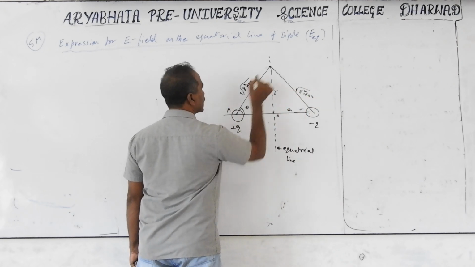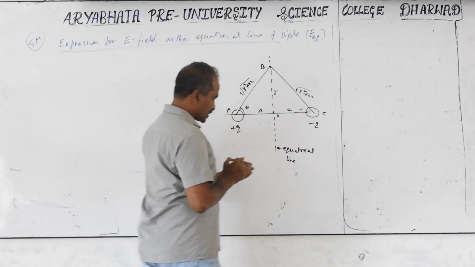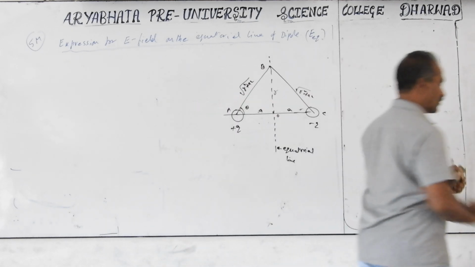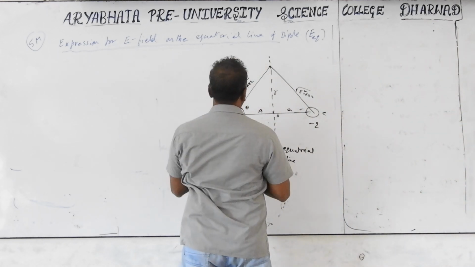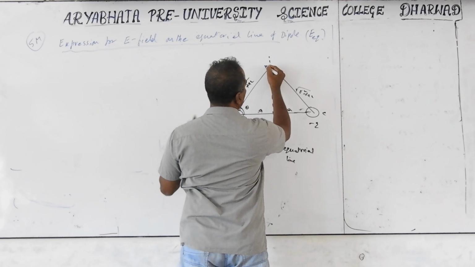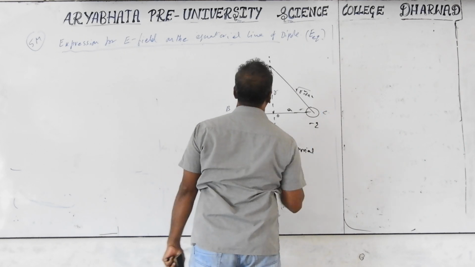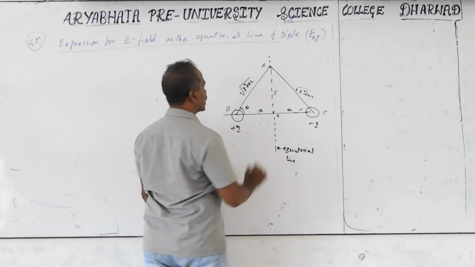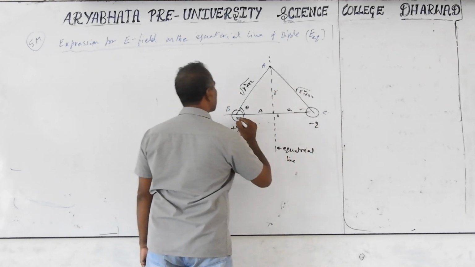I write these points as A, B, and C. Because of the positive charge, I want the electric field at this point P. This I take as B, this as C. At point A, I want the resultant electric field because of the positive and negative charge. Because of the positive charge, the electric field is away from it.